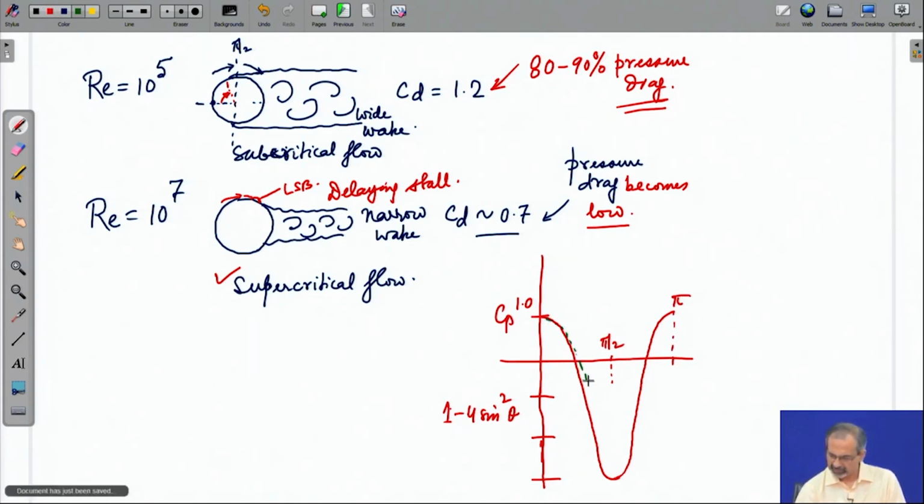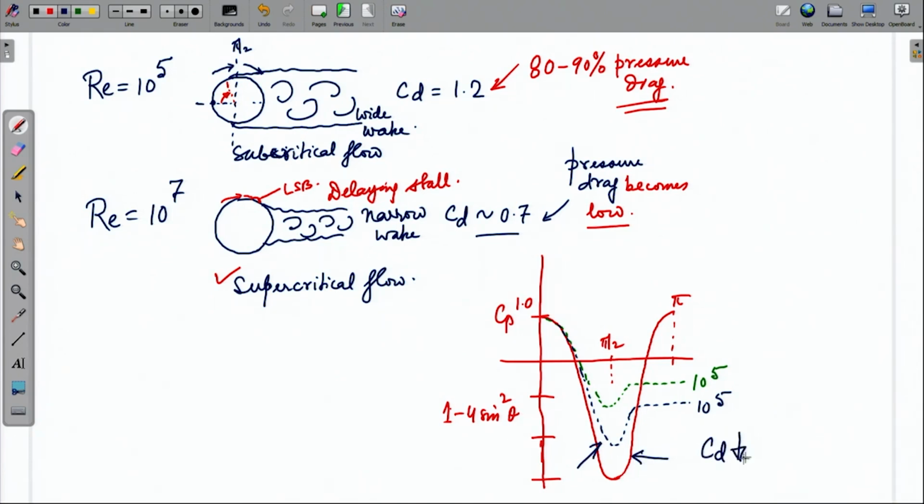For a subcritical separation, you may find that the Cp distribution for the cylinder is of this or of this kind, whereas for a supercritical case it dips much lower and then recovers. So, you can imagine that the closer that it gets to the theoretical pressure distribution, there is further reduction in the drag.